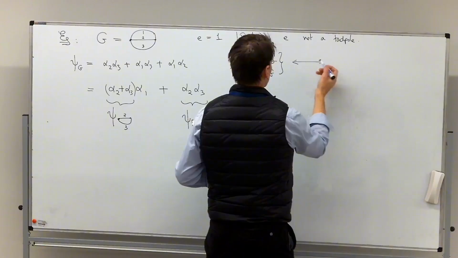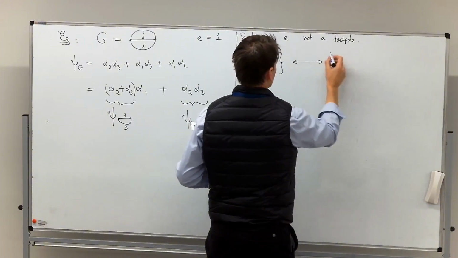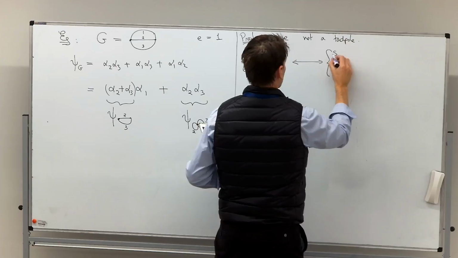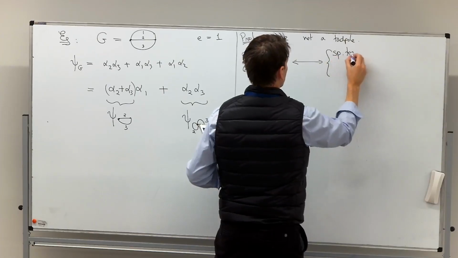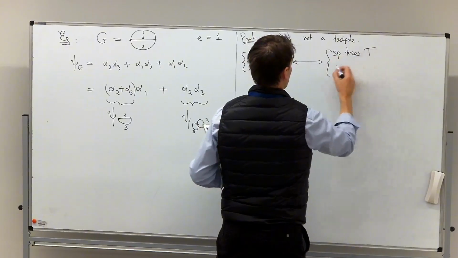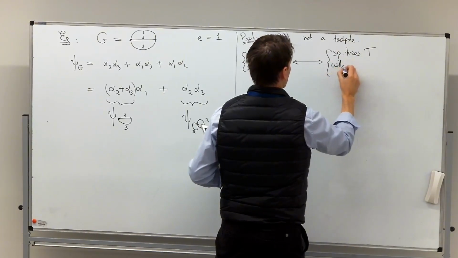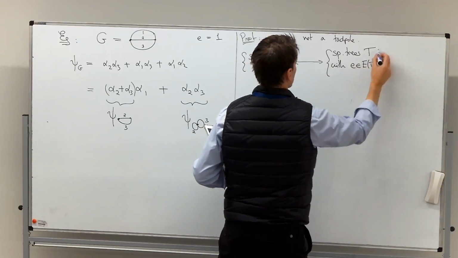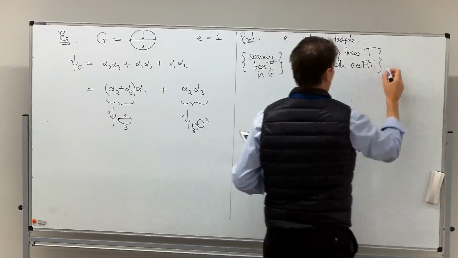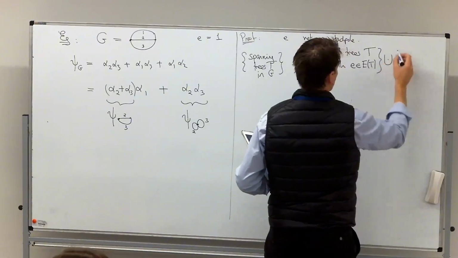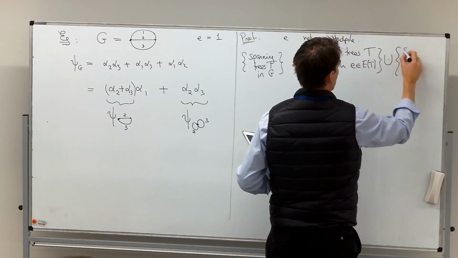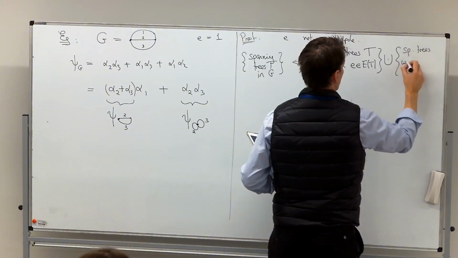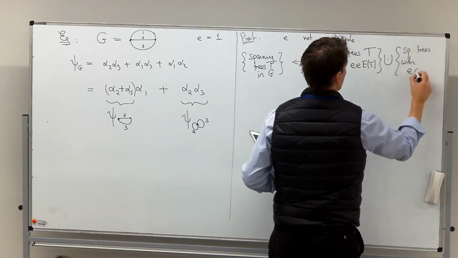So this is equal to the disjoint union of spanning trees T with e an edge of T, disjoint union spanning trees with e not an edge of T.